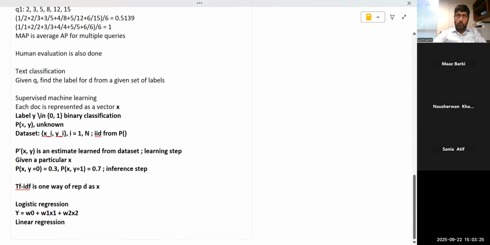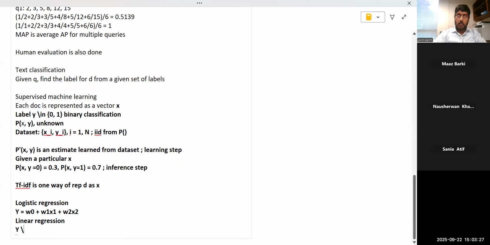Okay? So y here was a real number, a scalar real number. It was a continuous number. Okay? So that's why it was regression. In logistic regression, as we will see later, y would still be a real number, but we will ensure that that real number is a probability value.